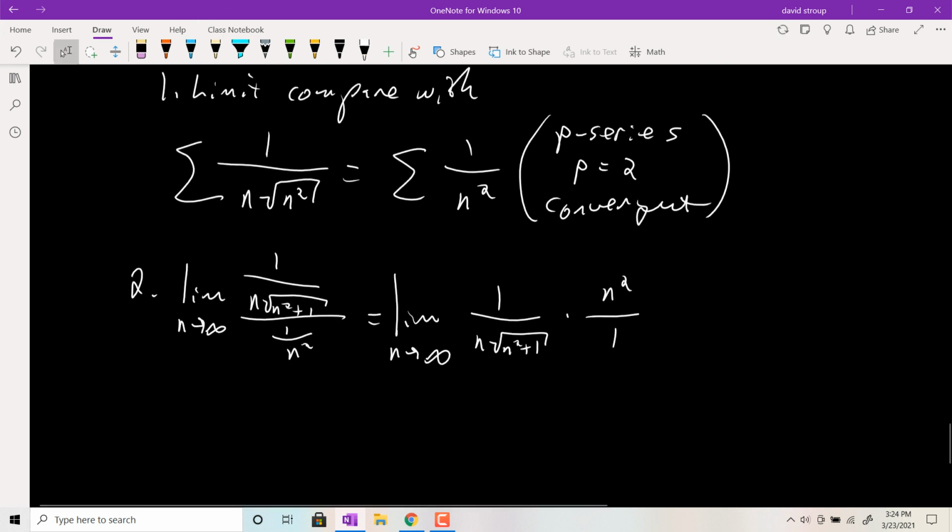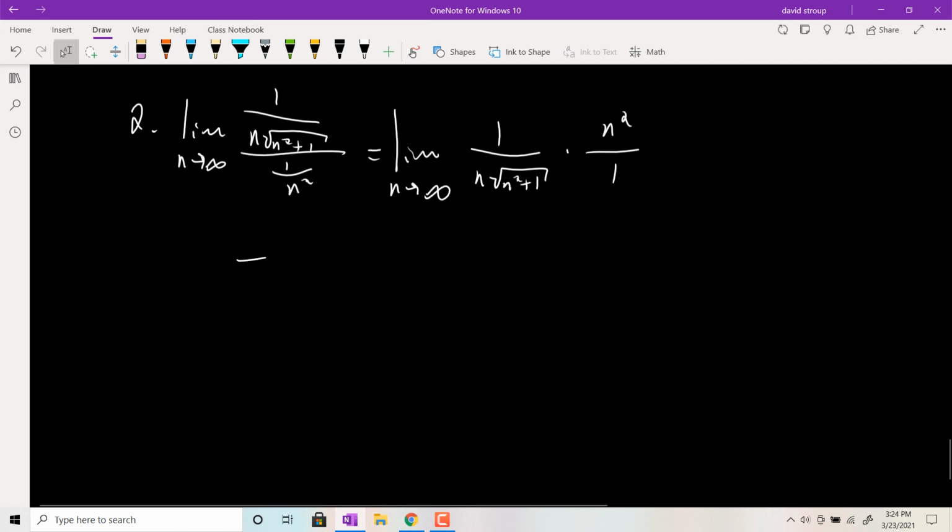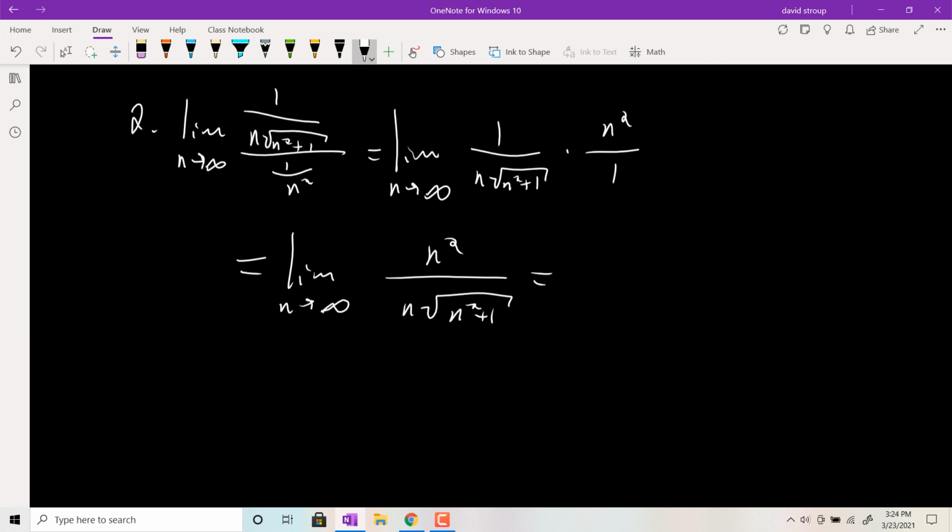Okay, and then we multiply those together and take the limit. So we have n squared all over n times the square root of n squared plus 1. So this will be the limit as n goes to infinity of basically just this part of it. You can still do that chop off the first part technique, and you get n squared all over n times the square root of n squared, which again is n squared.